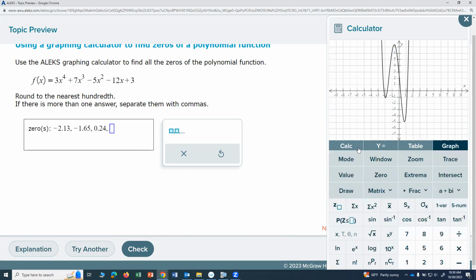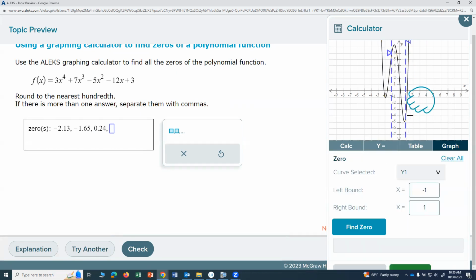And then since it crosses the x-axis again, I have to do 0 again. Drag my right bound over. It's not wanting to let me grab it.